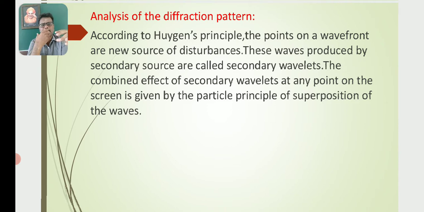These waves produced by the secondary sources are called secondary wavelets. The combined effect of secondary wavelets at any point on the screen is given by the principle of superposition of the waves.